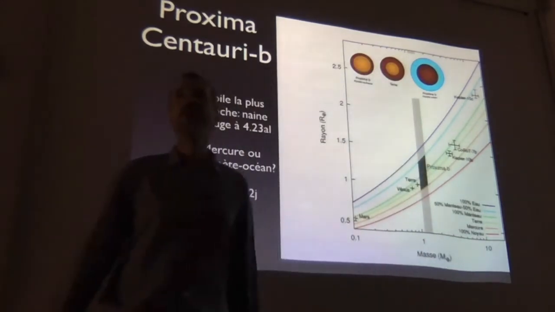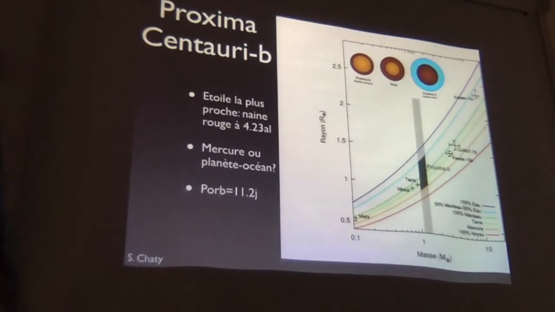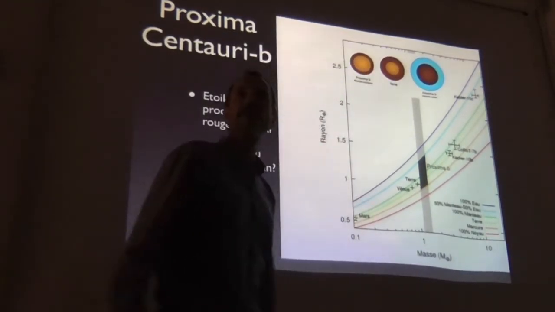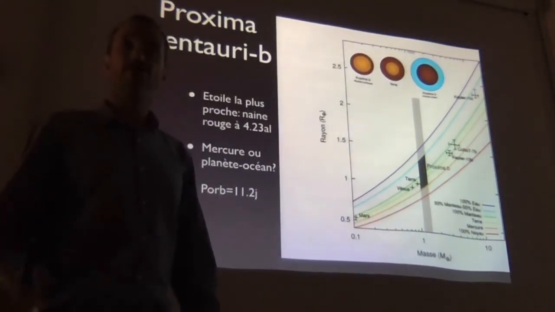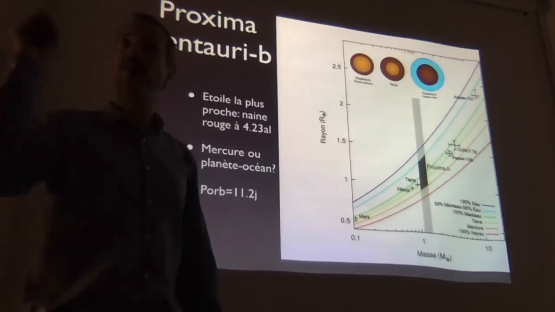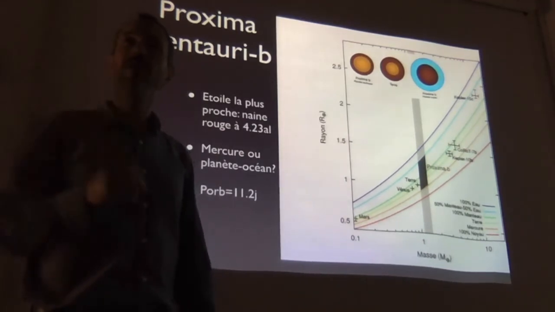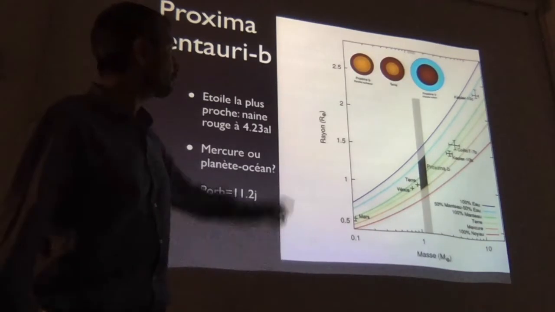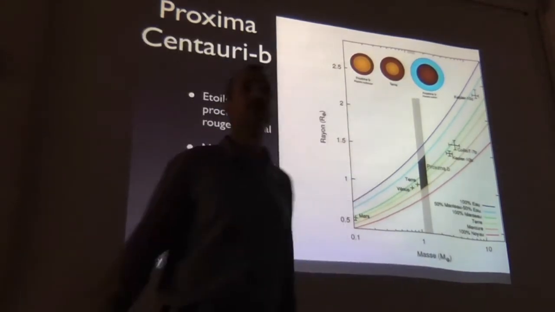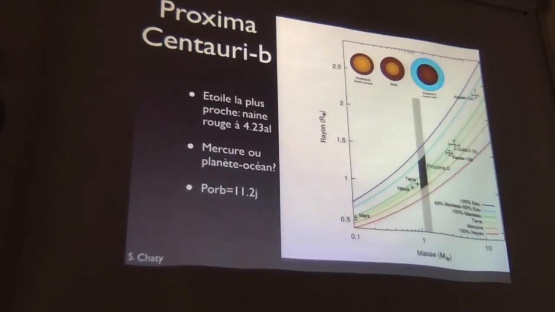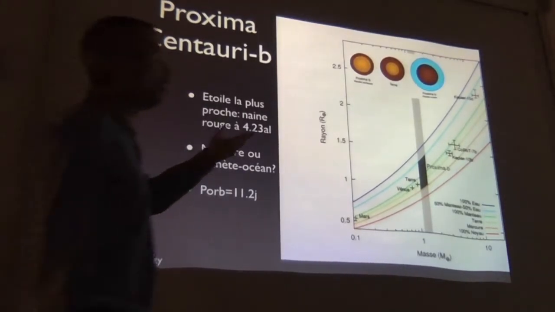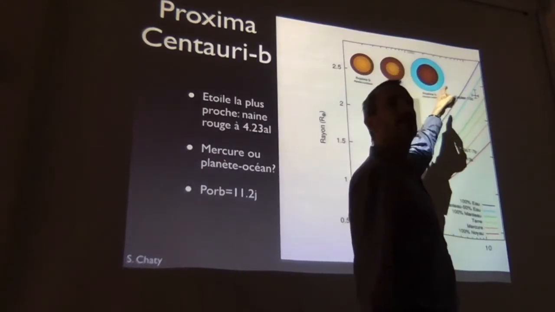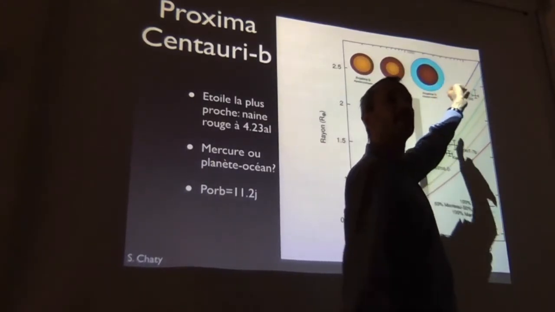For Proxima b, in fact, you don't know if it is a Mercury planet heated by the star, which has quite a high stellar flux, many cosmic rays, much UV, a very luminous star. So we don't know if it is a rocky planet like Mercury completely burned out, or if it is an ocean planet, which is not exactly the same thing.